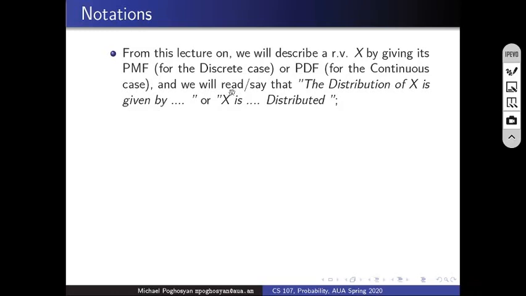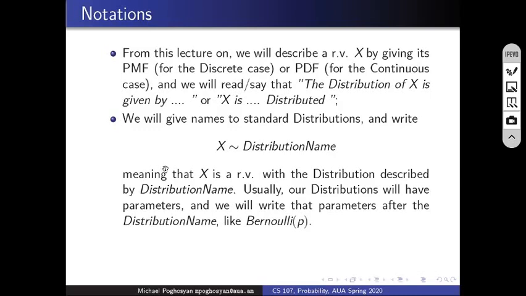And we will read or say that the distribution of our random variable x is given by this PDF or this PMF, or x is this kind of distributed. Say x is Bernoulli distributed, or x is normal distributed, or x is uniformly distributed, etc. We will give names to standard distributions, and we will write in this form the notation that x is a random variable with this distribution.